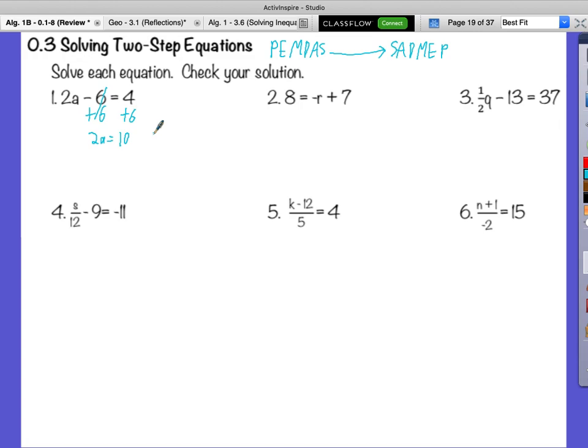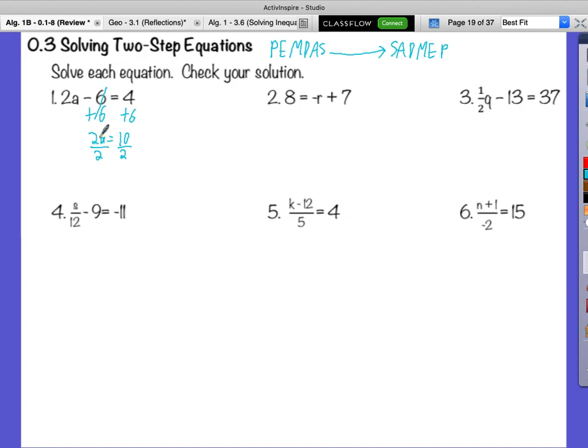After we took care of our subtraction and addition in SADMEP, we're just left with multiplication and division, and we have 1 step left. What is that 1 step? What operation is that? Division. And we're dividing because we currently have what operation?